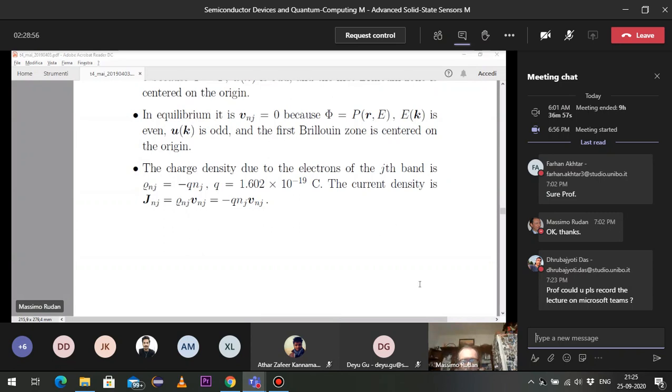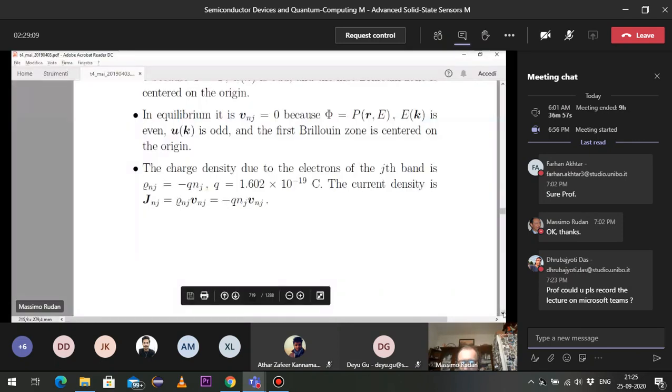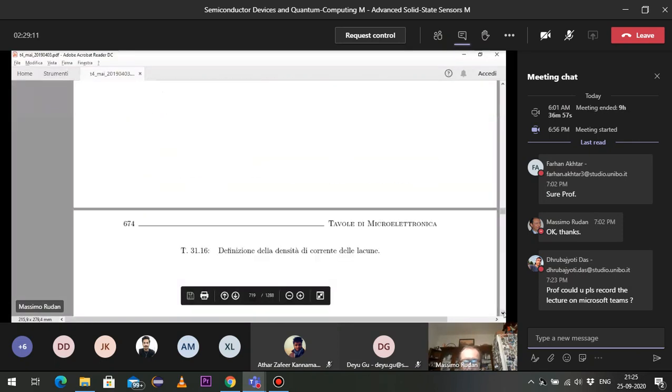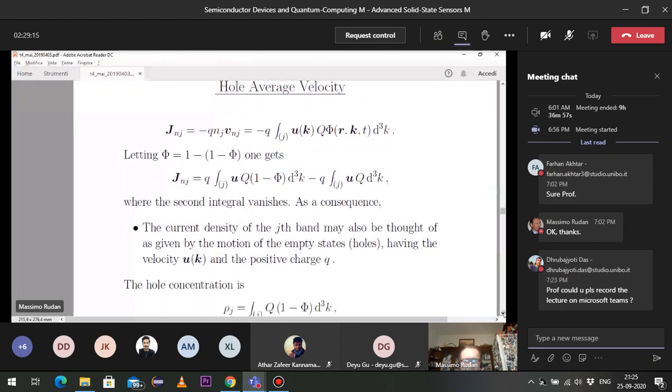Now we have to check whether we can repeat the analysis for the holes. And this is easy, actually, because consider again the current density of band number j, the thing that we just have defined a minute ago.